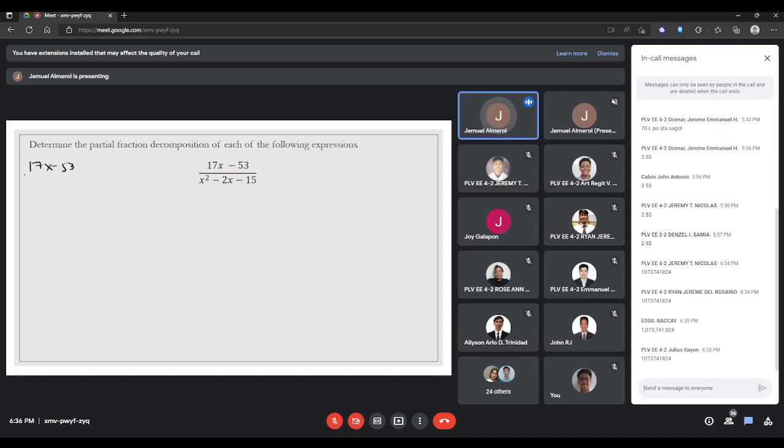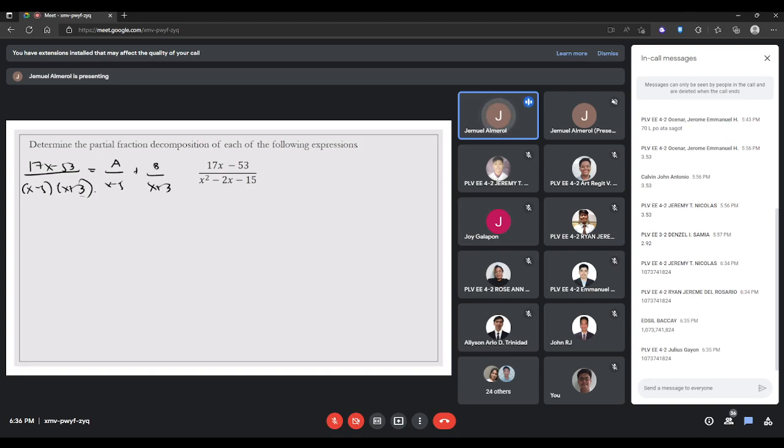So why did I say na case 1? If you'll notice, mapa-factor out natin siya: x minus 5, x plus 3. Tama lang. Yung factors nito, negative 5 plus 3, so negative 3. So bawat denominator daw may corresponding unknown: a over x minus 5 plus b over x plus 3.